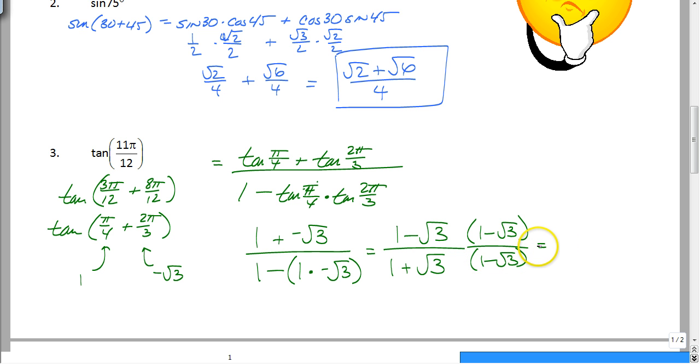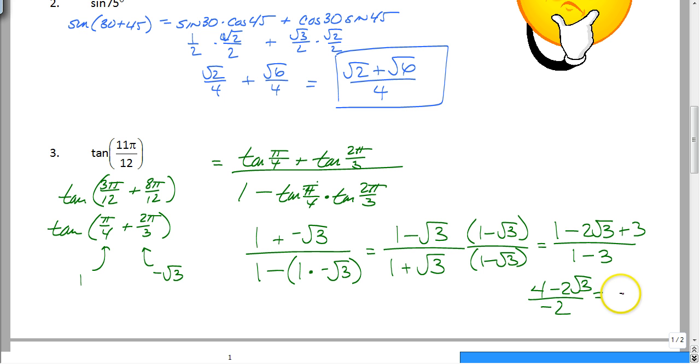And that's going to give us, when we're done foiling, 1 minus 2 square roots of 3 plus 3, all over 1 minus 3, which of course we can simplify to 1 plus 3 is 4, minus 2 root 3, all over 1 minus 3 is a negative 2. We can factor out a 2 from every single one of those parts.